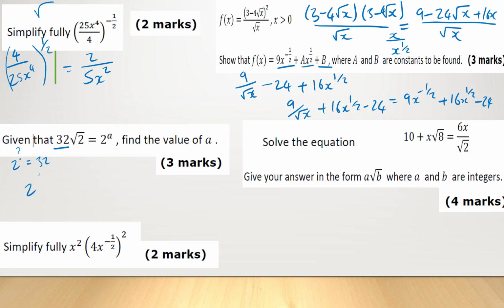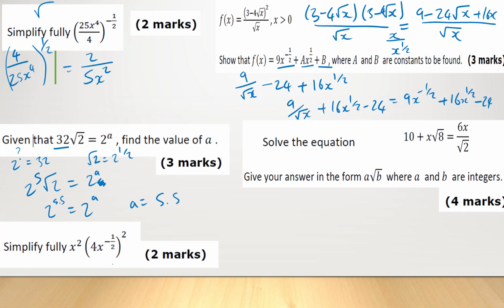So we get 2 to the power of 5 times root 2 equals 2 to the a. Remember, root 2 equals 2 to the half. So we can add these powers. So 2 to the 5.5, and then let's write the a here, up there. So a must equal 5.5. That's actually really easily done.